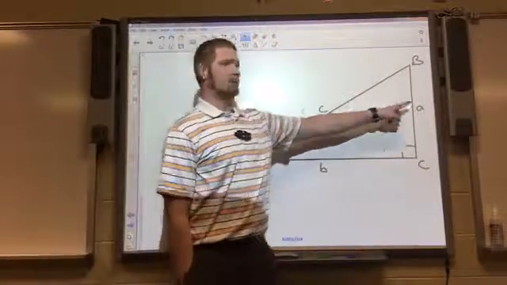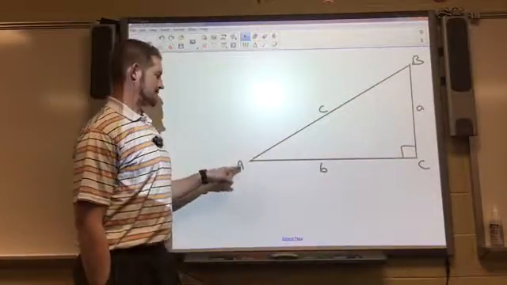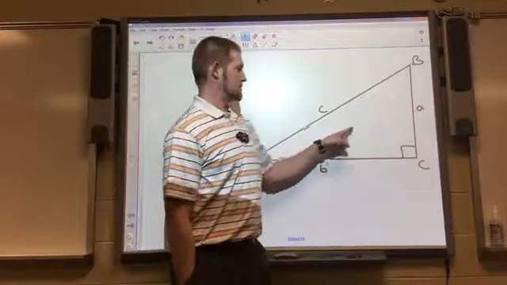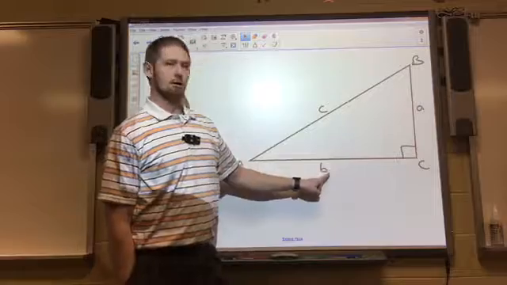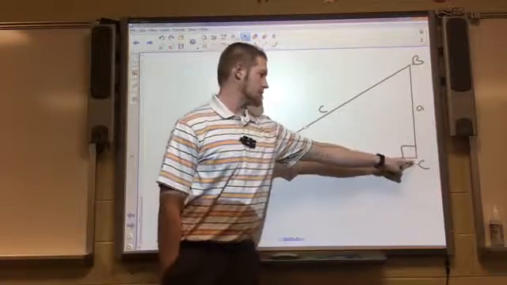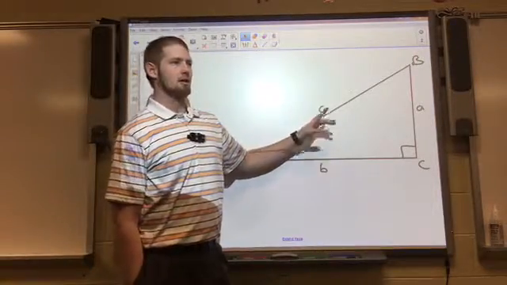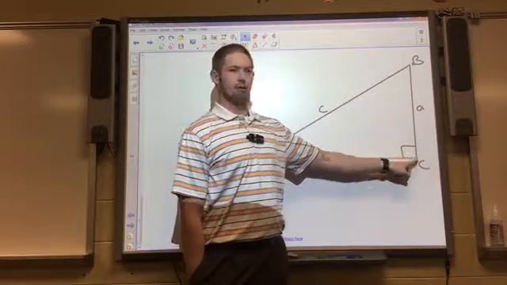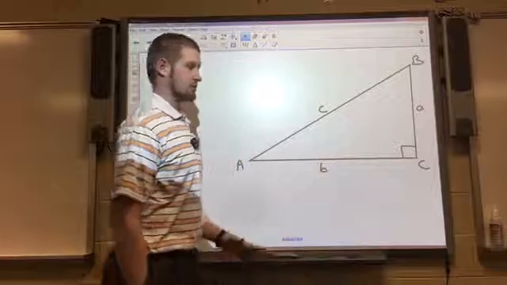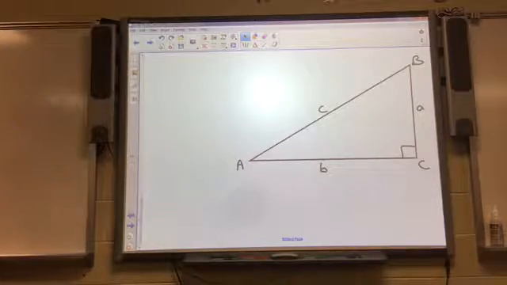Your sides will always be lowercase letters. Notice capital A is opposite of lowercase a. Capital B opposite lowercase b. Capital C opposite lowercase c. So C is always either your hypotenuse or your right angle, correct? As long as we're talking about right triangles, that is.